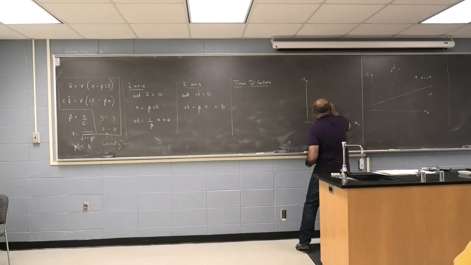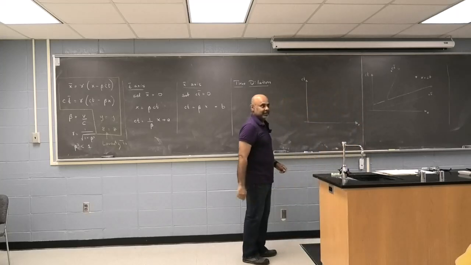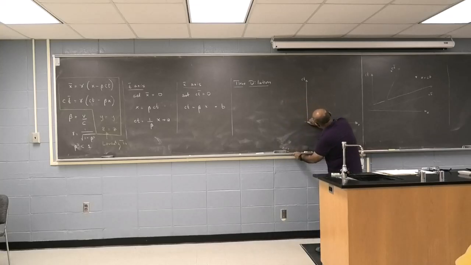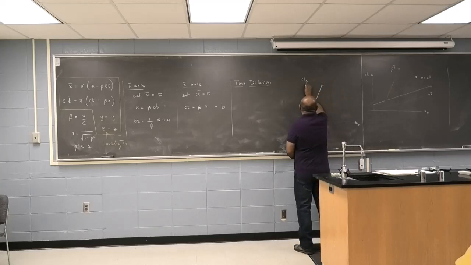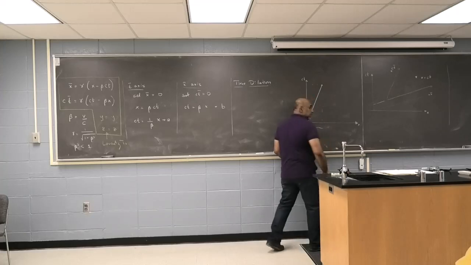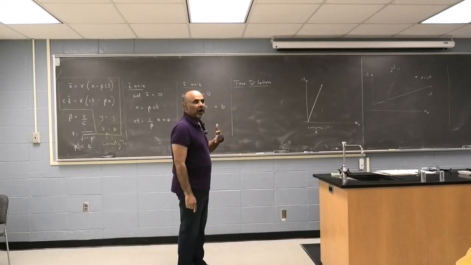I draw a middle line to get a scale. This is what the spaceship does. It travels a distance. I'm going to constantly suppress y and z; there's no need for them.